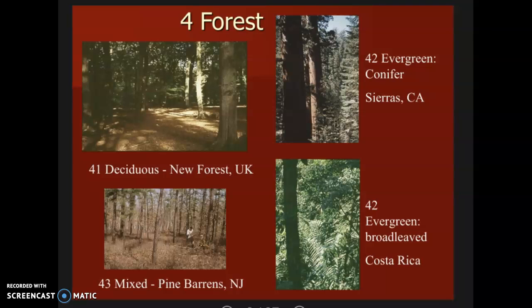Number 4, level 1-4 is forested. And then here are some examples of level 2 classifications. 41 is deciduous, 43 is mixed, deciduous and evergreens. And here are a couple of different evergreens, 42s.